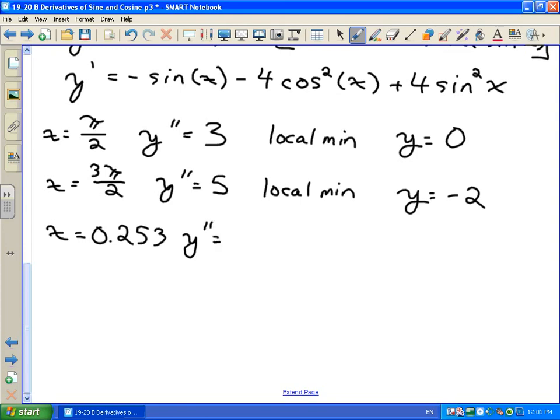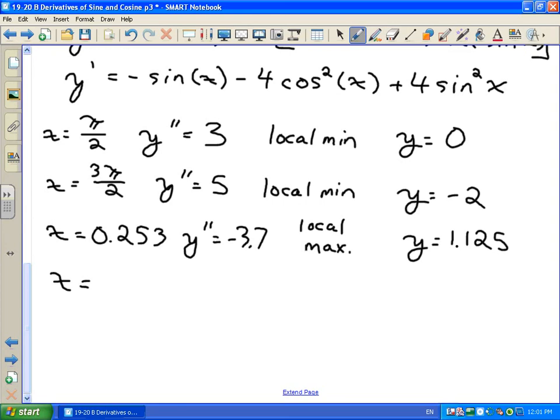We get y double primed is equal to negative 3.7. And it doesn't matter how accurately I get this second derivative, because I'm only really interested in the sign. So my sign here is negative, so this is going to be a local maximum. And I go ahead and I work out my y value is 1.125. I've got 1 point left to go here.